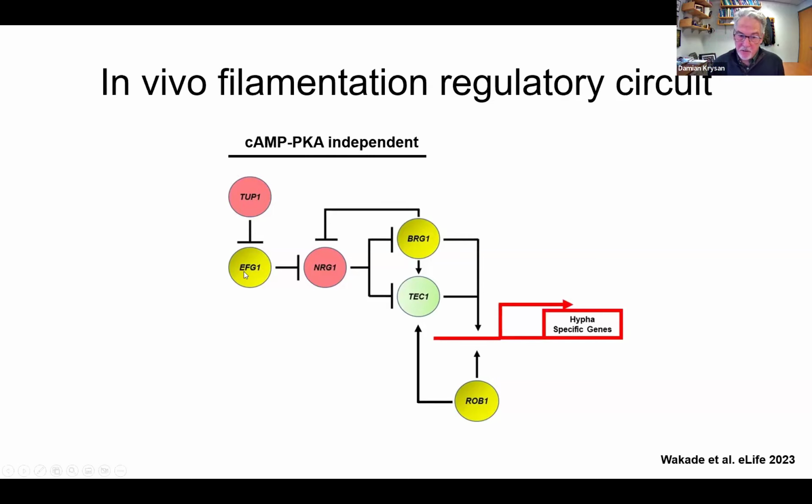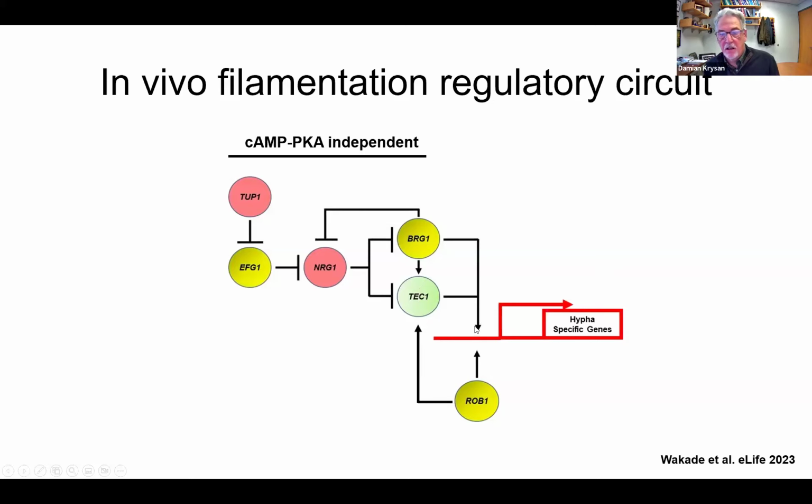EFG1 appears to primarily function to relieve NRG1 repression. It is not required for the activation of the hypha-specific genes. That job seems to be primarily driven by BRG1, and in data I haven't shown you, TEC1 as well as ROB1.